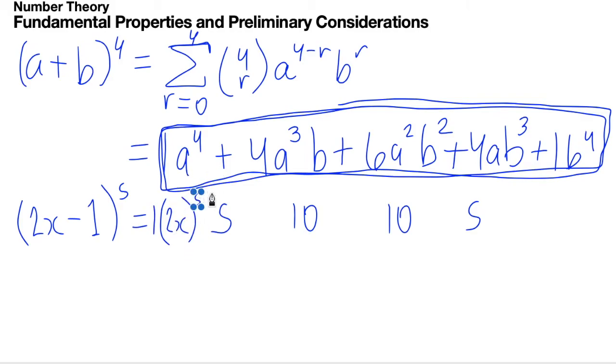It's okay not to write the second term anymore because it's simply going to become 1, because r is 0, and any nonzero real number raised to 0 is equal to 1. So let's just write it down as that. Next is our 5. Now, our first term 2x will be raised to, instead of 5, 4.